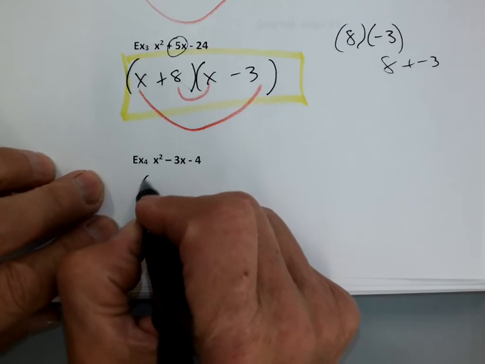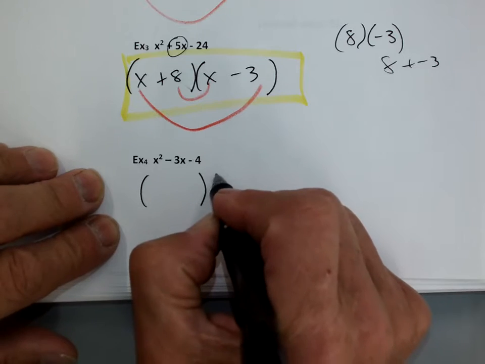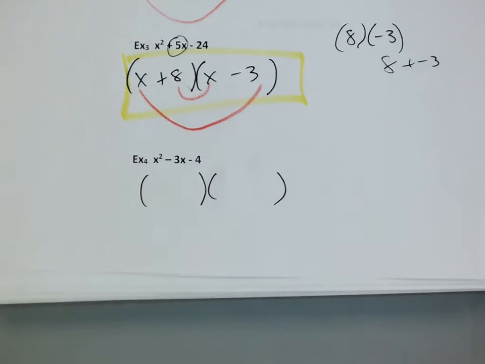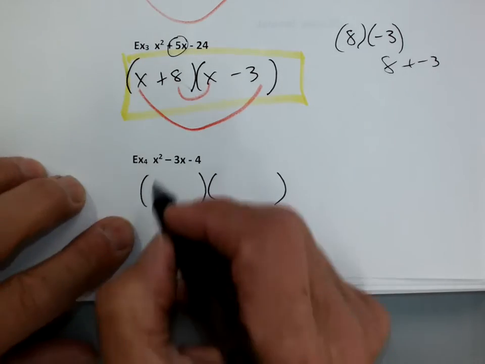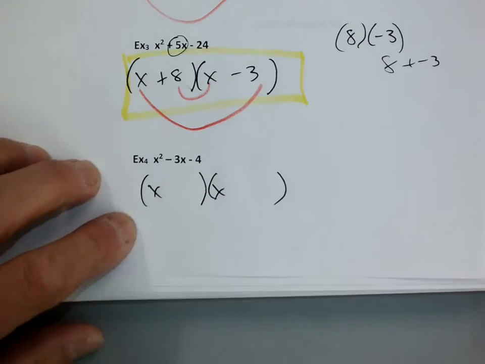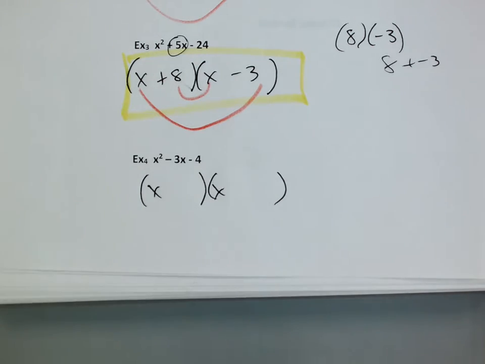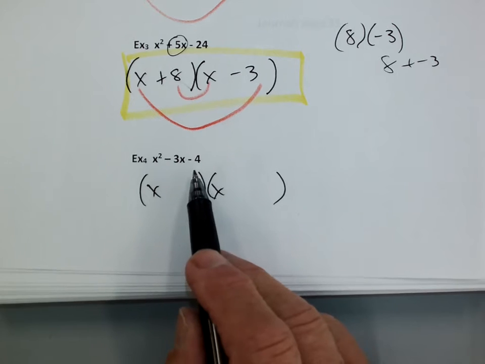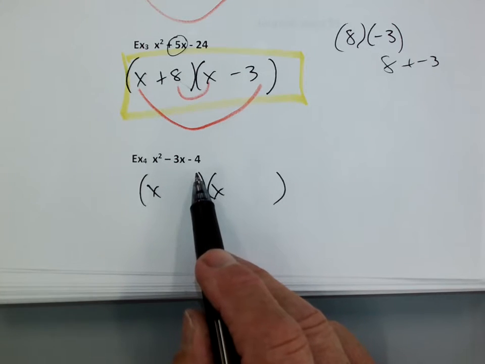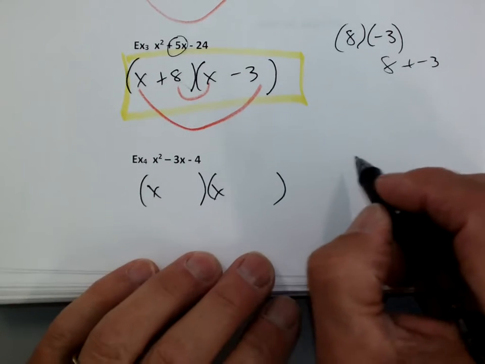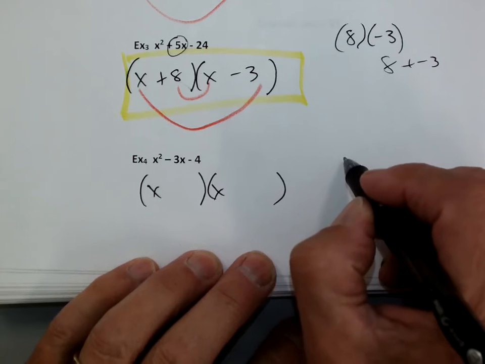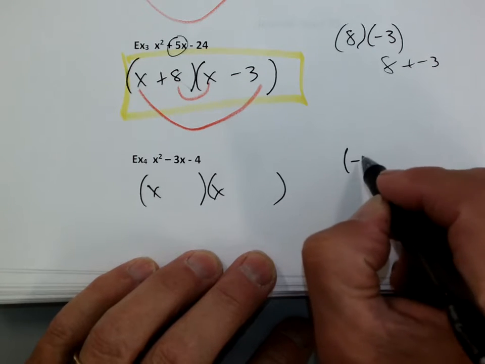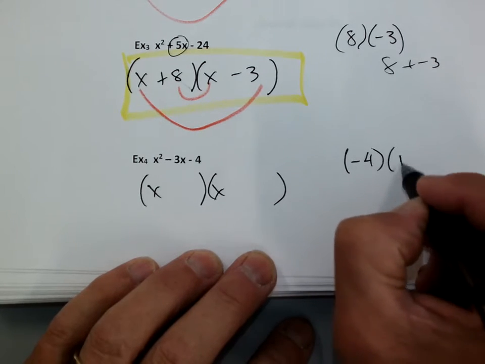Start off with parentheses, parentheses, right? I'm going to go x for my x squared. I need the multiples of a negative 4. What times what makes negative 4? I like, and hopefully you guys are going to shout it out, Mr. Davies, how about negative 4 and positive 1?